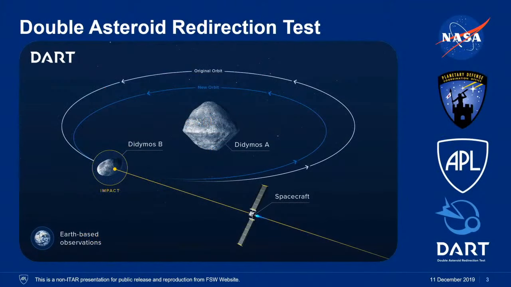So let's start off with what is DART? So I don't know if you've heard about DART, but DART is the Double Asteroid Redirection Test. It is funded out of the NASA Planetary Defense Coordination Office. And the purpose of it is to pretty much just demonstrate the efficiency of the kinetic impactor technology. So what does this mean?